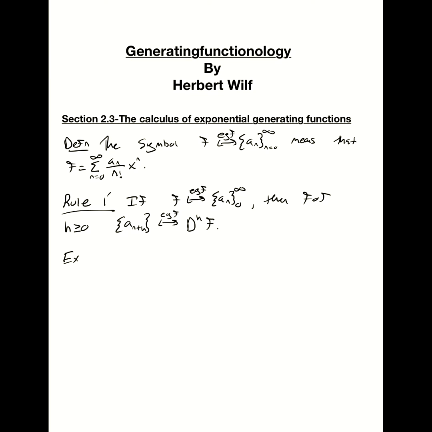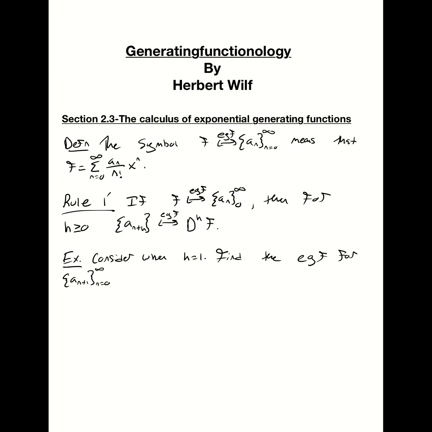So, as an example, consider when h is equal to 1. We want to find the exponential generating function for the shifted sequence a sub n plus 1, where n in particular is ranging from 0 to infinity.